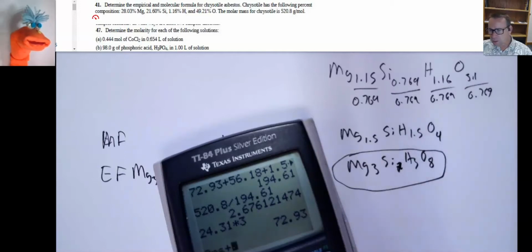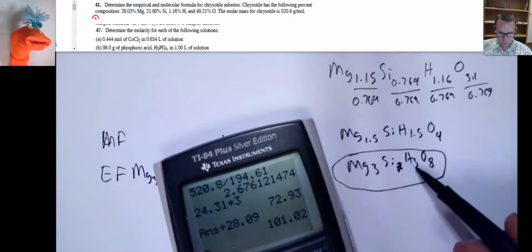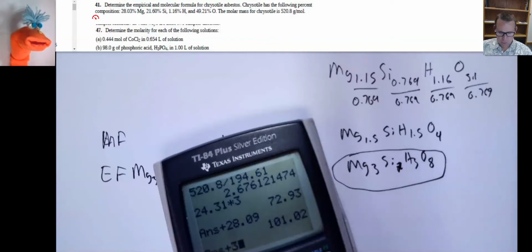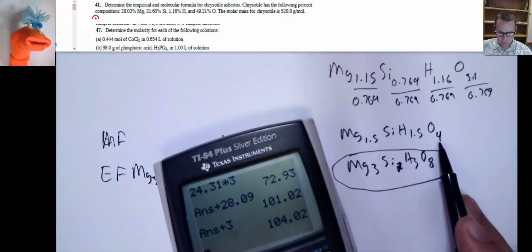So add one silicon, 28.09. There's 3 hydrogens. Did I do that last time? I don't think I added 3 hydrogens last time. I just added 1. And then plus the 16, 16 is 32. Oh, I was looking at this one here. I don't know what I was doing.